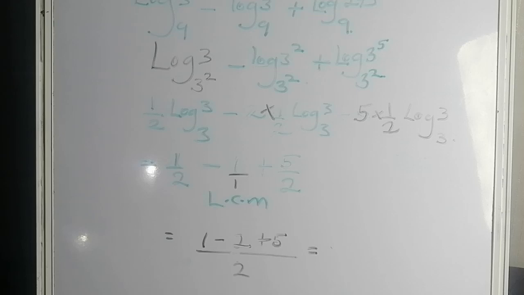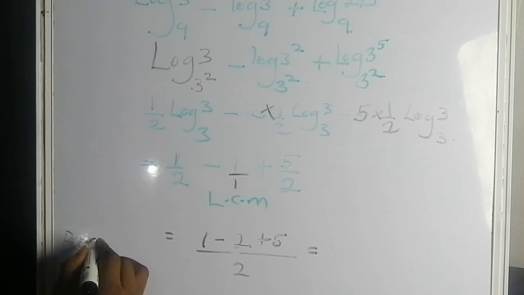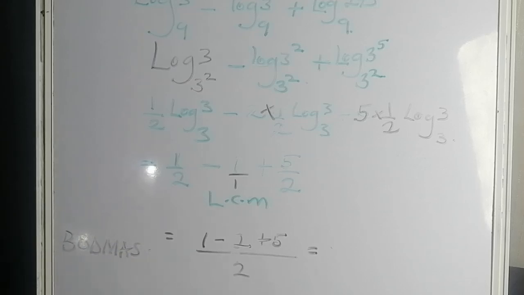Or let's apply BODMAS. Division, multiplication, there's no multiplication here. Addition comes first. So minus 2 plus 5 will give you 3.